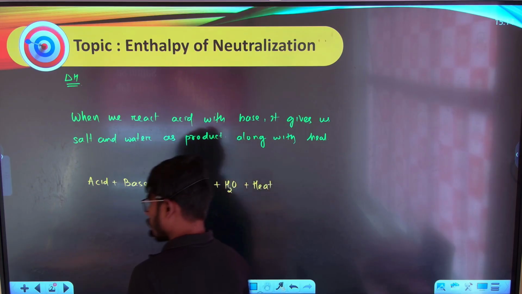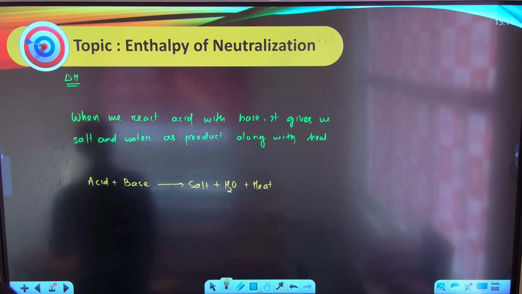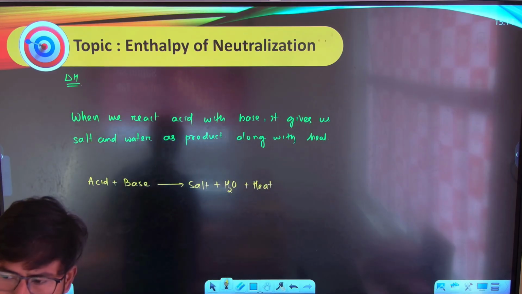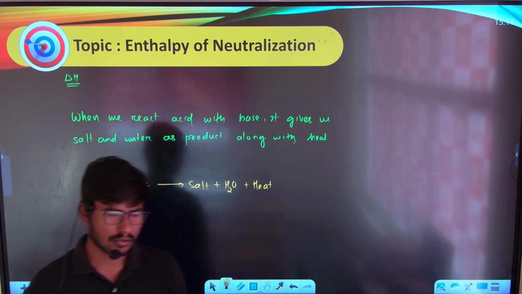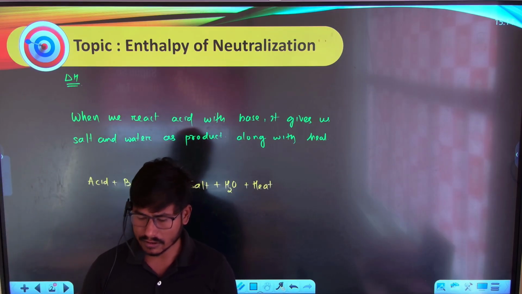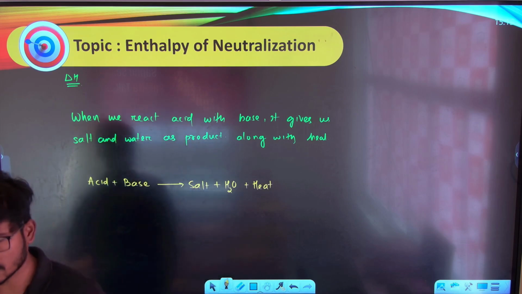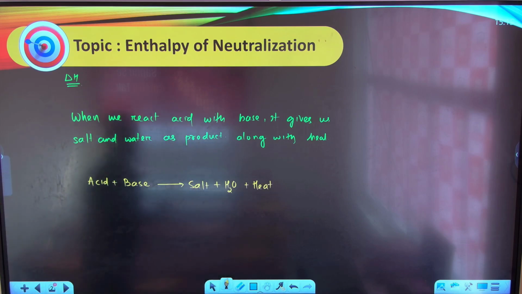For any acid base neutralization reaction, to calculate how much heat is absorbed or released, we are studying this enthalpy of neutralization.